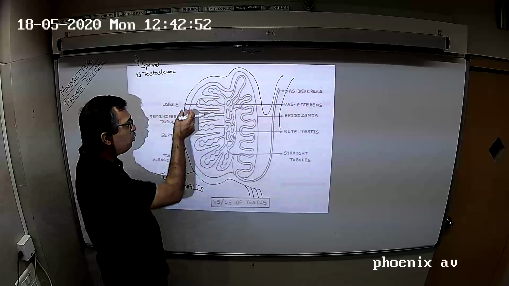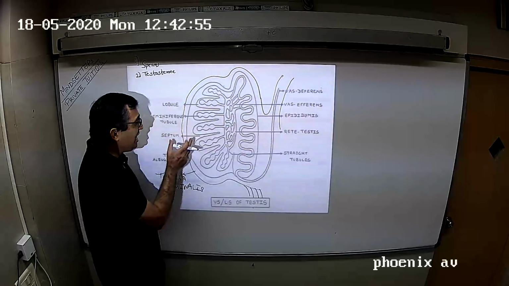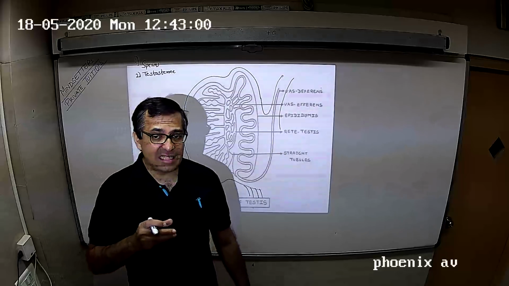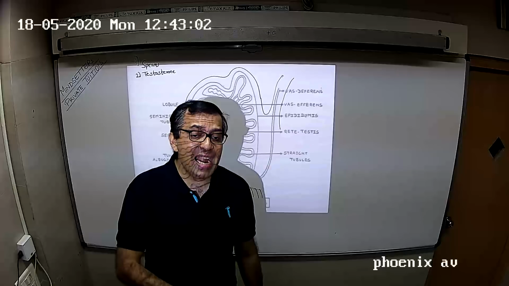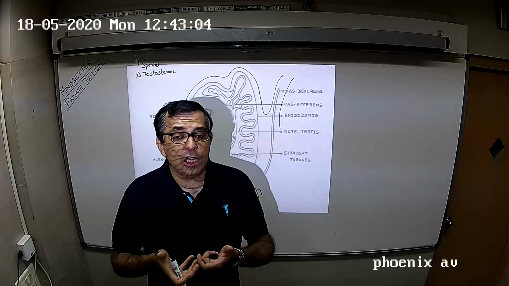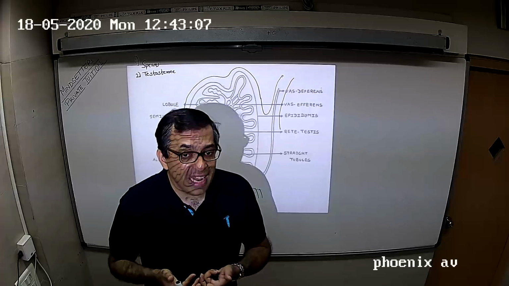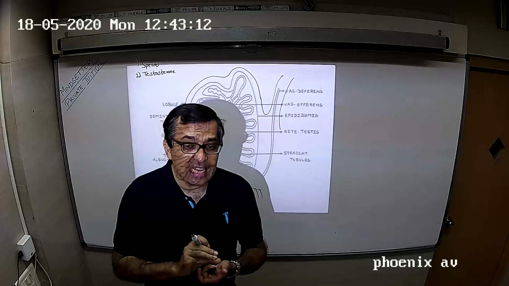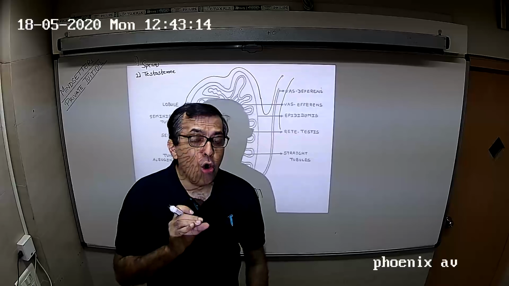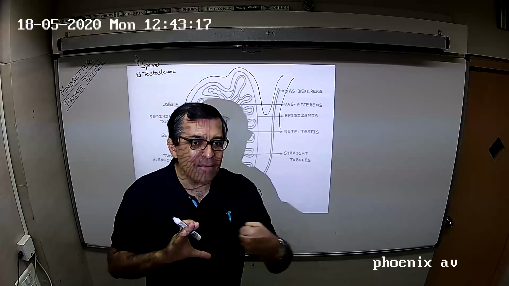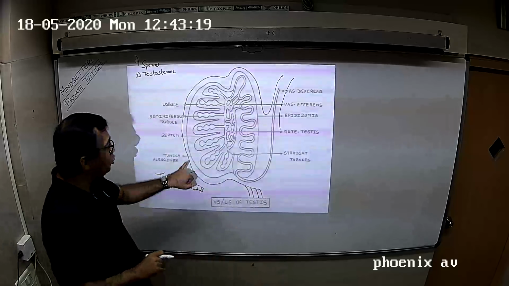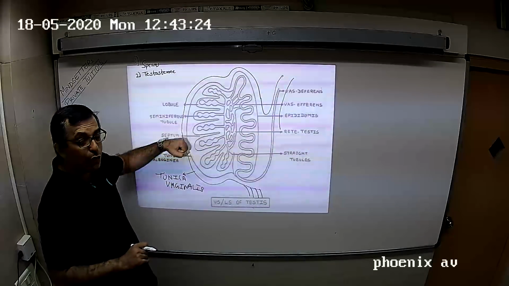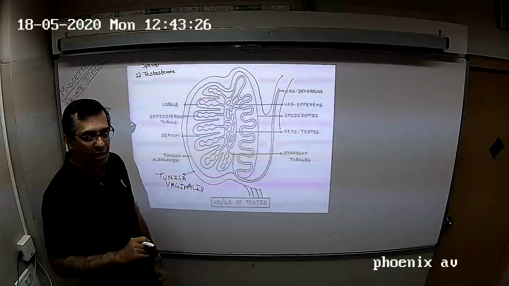So tunica albuginea is hard and it functions for protection. The testes are situated outside the abdominal cavity in the scrotal sac. So there is always a danger there could be a mechanical injury and the testis might rupture. Who protects the testis from any mechanical injury? The tunica albuginea protects the testis from any mechanical injury.